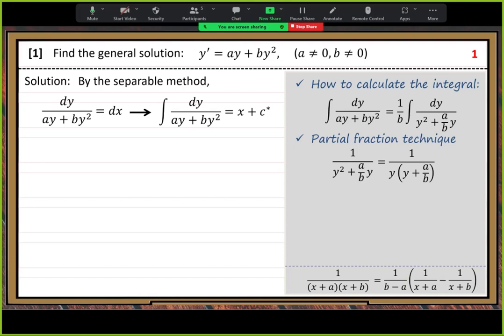X cancel out, b minus a. B minus a, how to remove the b minus a? You do division, 1 over b minus a to cancel it out. So that's the way we split. Try to get used to it, okay? Try to feel comfortable, understand this split. Because if you do it this way, you don't need to do partial fraction, right?